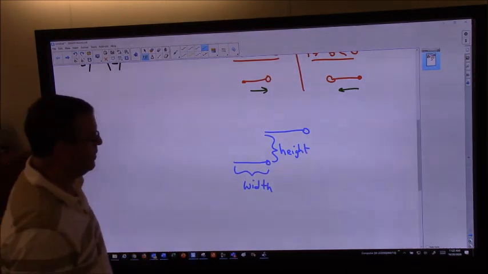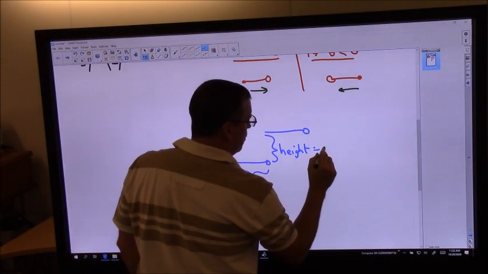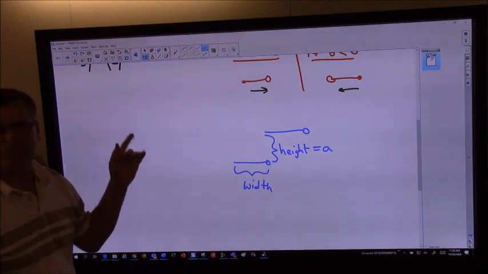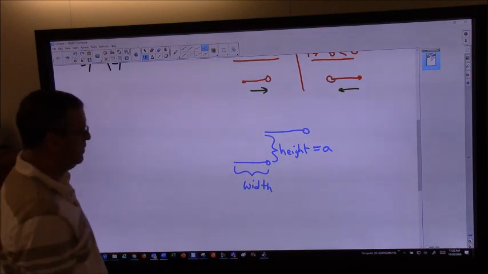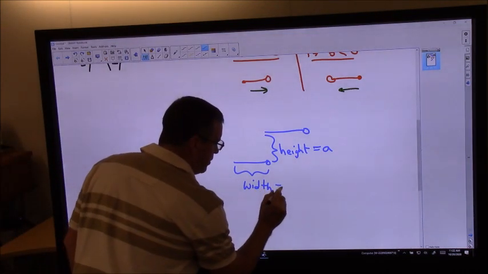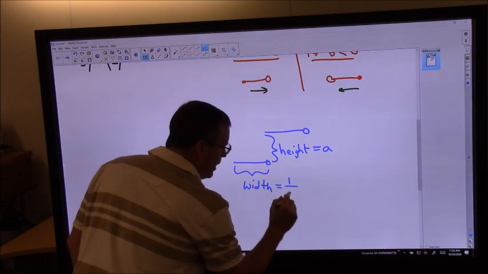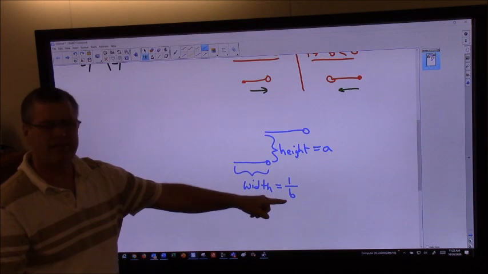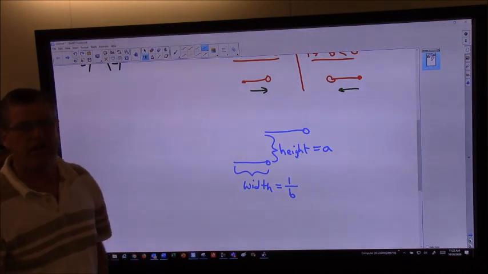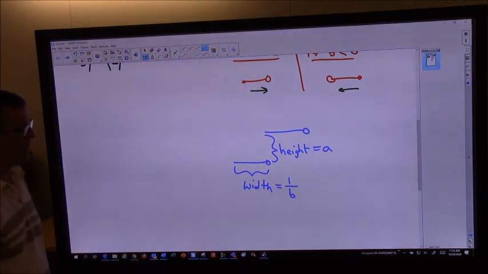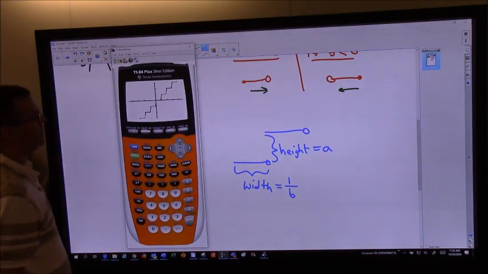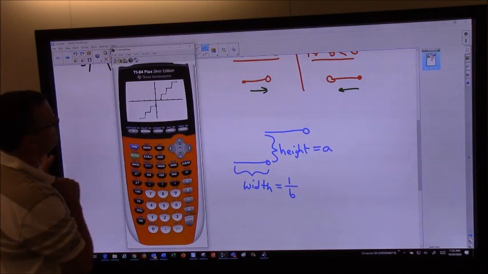All right. This is always found by looking at the a value. We'll do an example of this in a second on the graphing calculator. And this is always found by doing 1 divided by the b value. It's kind of weird. You wouldn't think that you'd have to do 1 divided by something, but that's how it turns out. So let's just kind of play with that for a second and see if that's true.